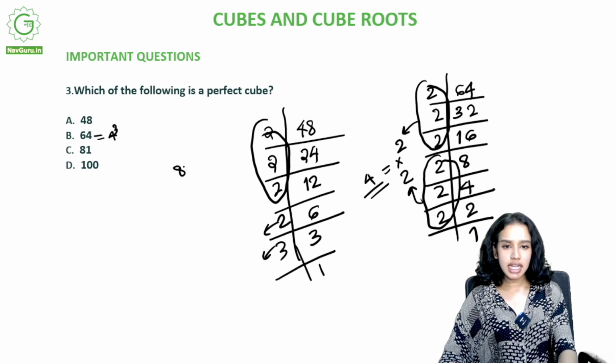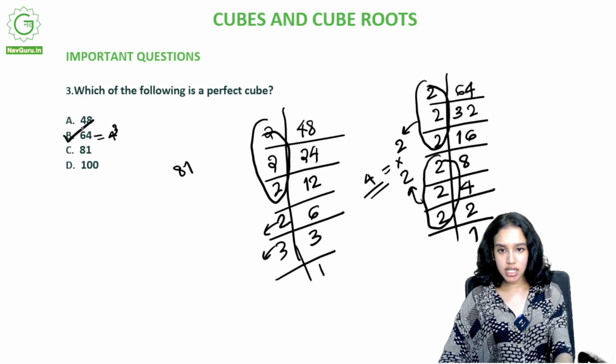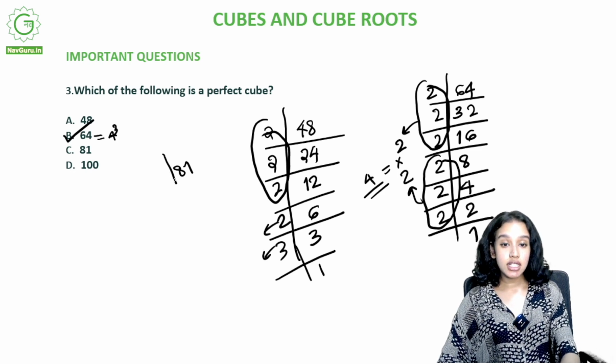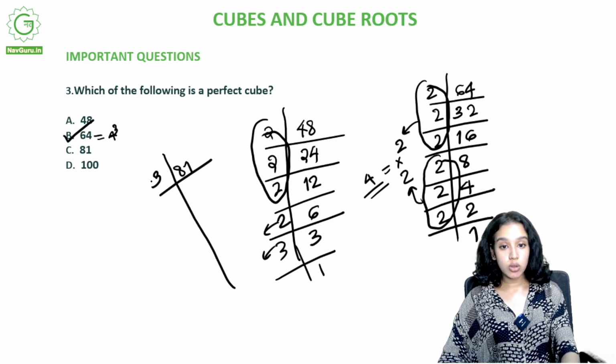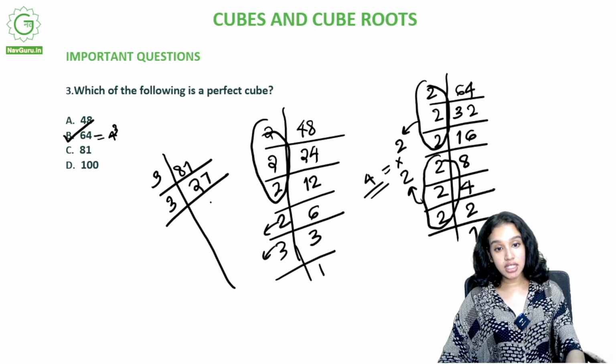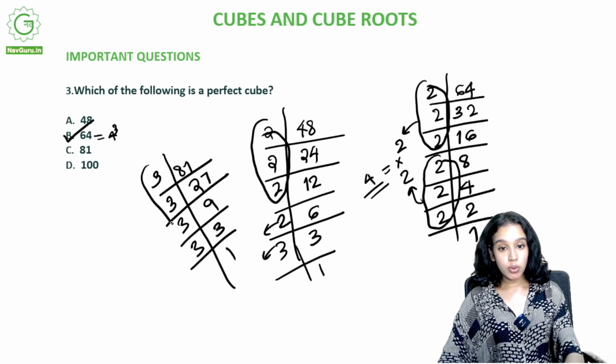Now let's try with 81. We already got our answer as 64, but still let's see what happens with 81. So 81 will go with 3. It's 27, then 9. And again 3, 3, 3 and 1. So we have three 3's, but we have a 3 which is left out here.